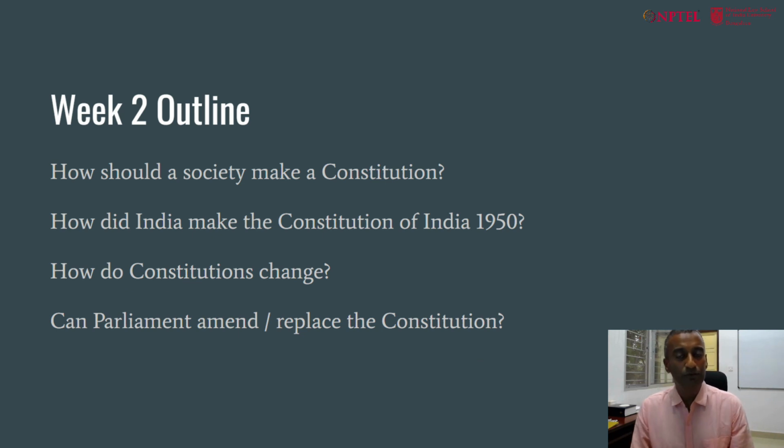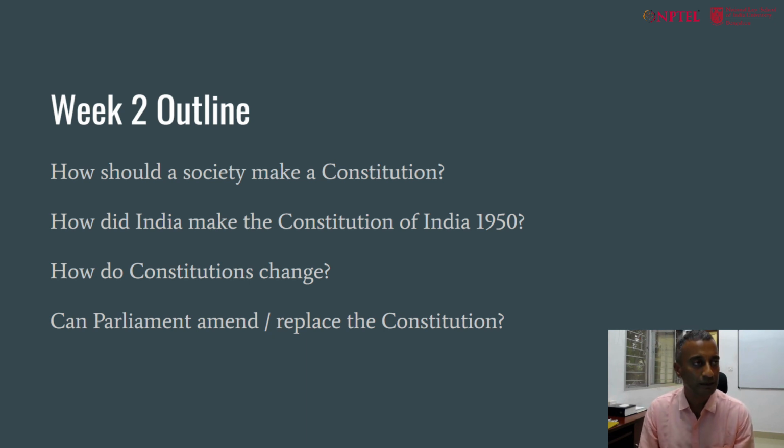The outline for week 2 is what I'm going to move to next. In week 2, once again, I'm looking to ask and respond to 4 discrete questions. The first question is, how should a society make a constitution? Please remember that the word should is very important, because what I want to unpack is what are the models, what are the broad ideas that can inform a constitution making project.